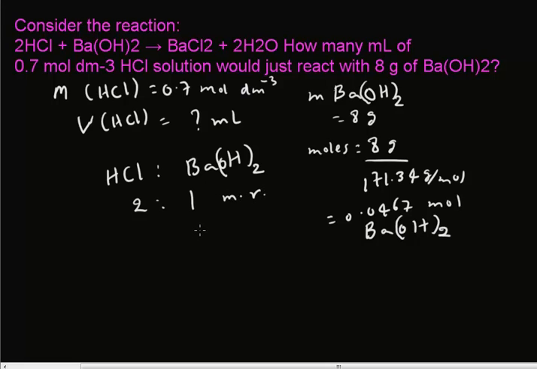So if I have 0.0467 mole of barium hydroxide, that would react with twice as much, which would be 0.0934 mole of HCl. So we calculated the moles of barium hydroxide from its mass, and we use the mole ratios from the given balanced chemical equation to determine the moles of HCl.